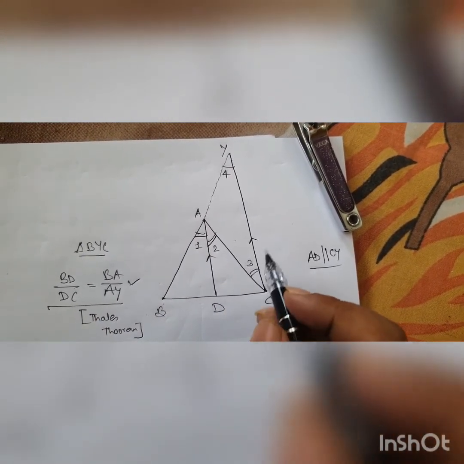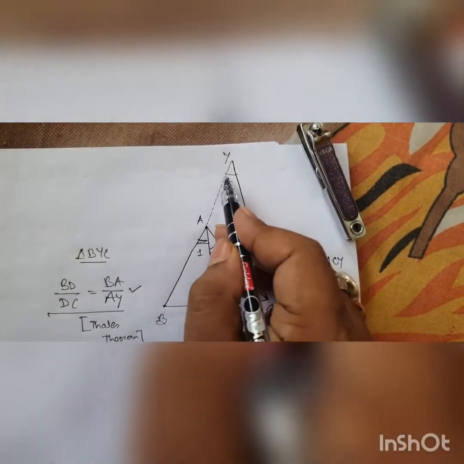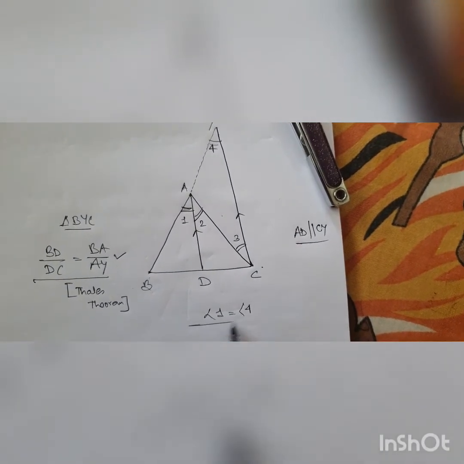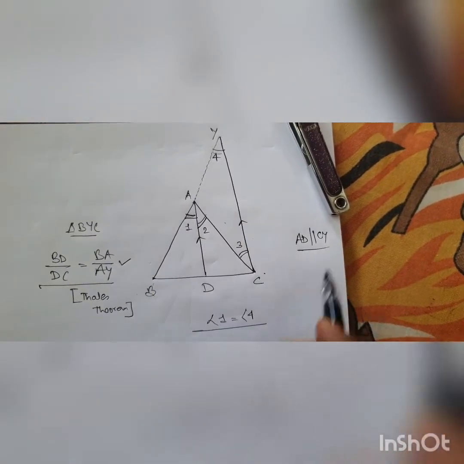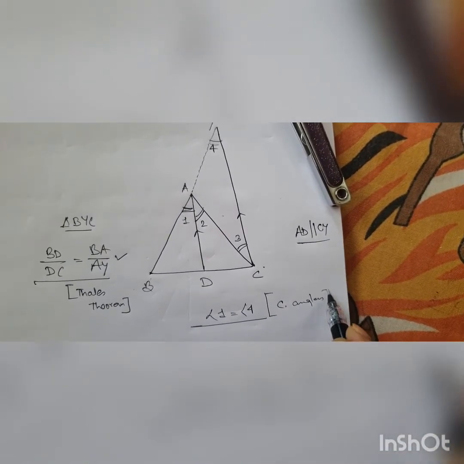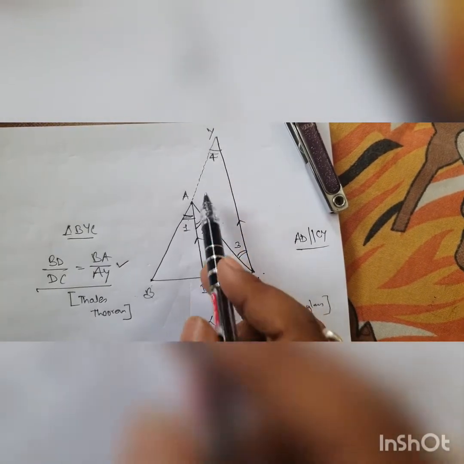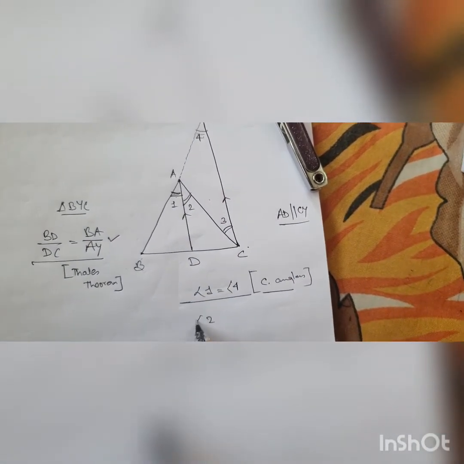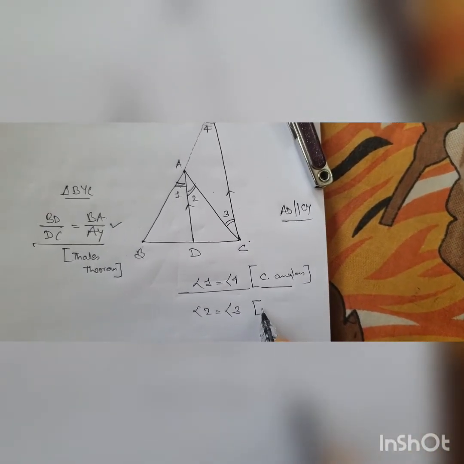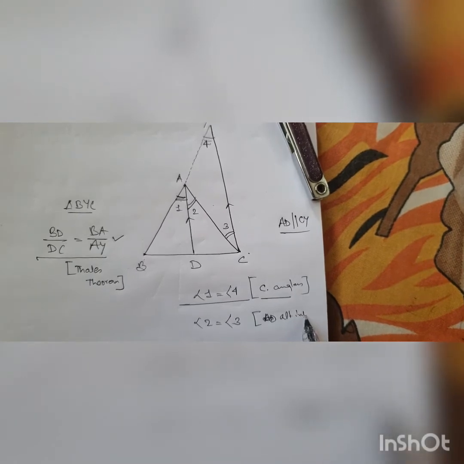Now the fact is this, that angle 1 and angle 4 are equal because these are corresponding angles. But 2 and 3 are already equal by construction, because AD is parallel to, you can say, alternate interior angles.